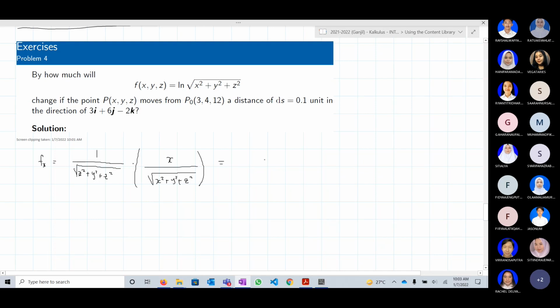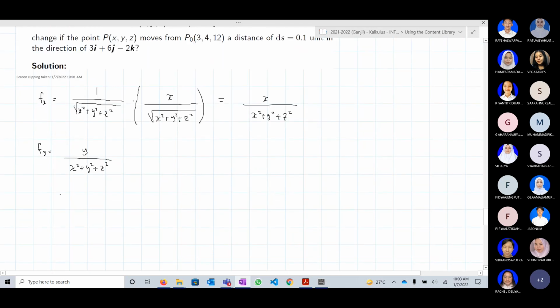So we have fx is x divided by x squared plus y squared plus z squared, and similarly fy is y divided by x squared plus y squared plus z squared, and fz is z divided by x squared plus y squared plus z squared.